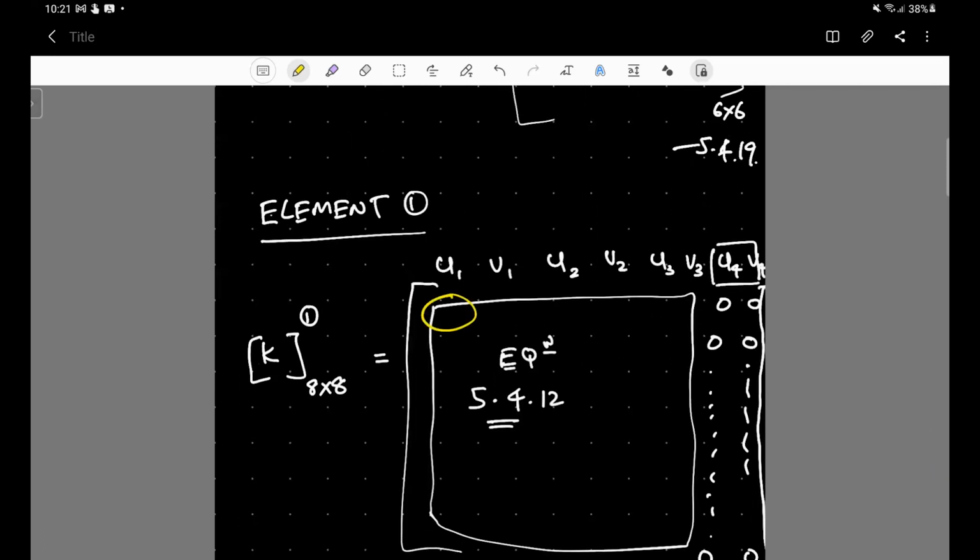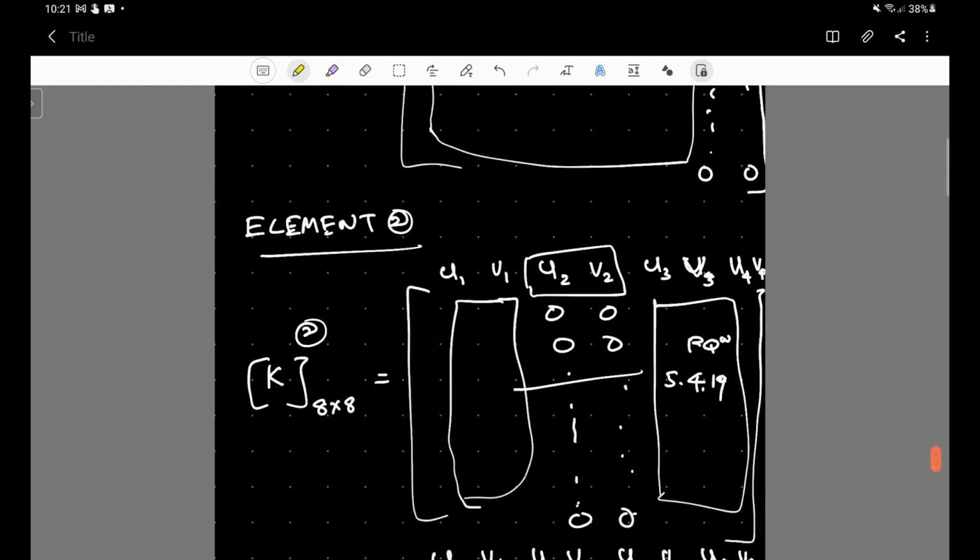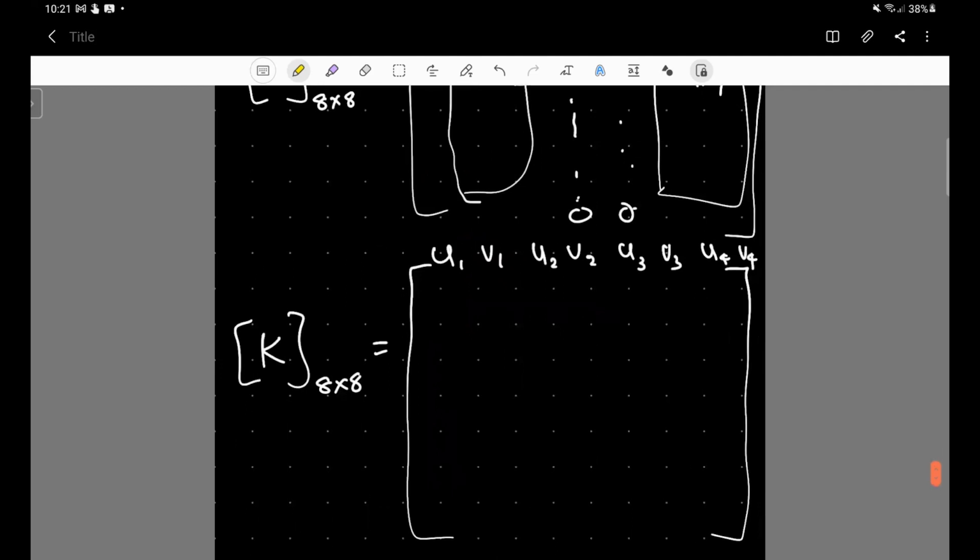The corresponding terms at position 1 1 of element number 1 and 1 1 of element number 2 have to be added, and you would obtain the corresponding term for the position 1 1 of this matrix. Similarly, you can fill all the other elements.